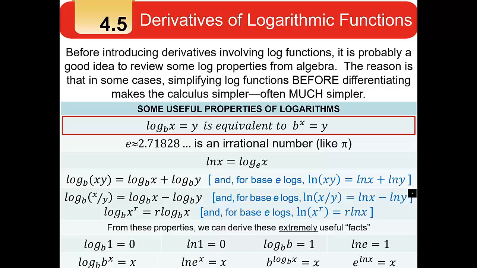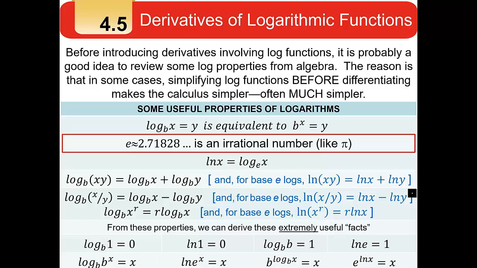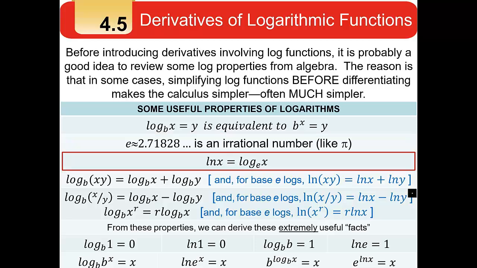And you spent some time in previous algebra courses with problems that tell you to change from one form to the other. You also came across the irrational number e, which is about 2.71828, similar to pi in that it's irrational and it has an infinite decimal representation, which is why we use a symbol for it.